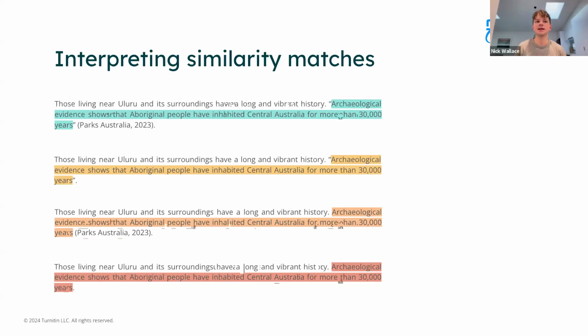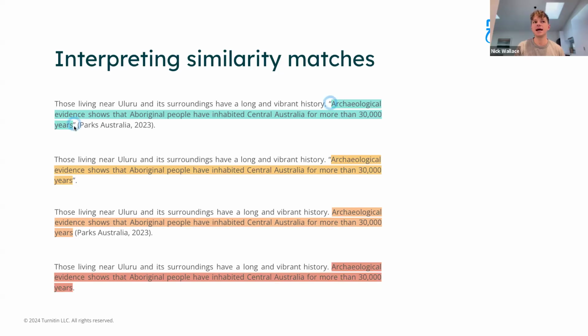Now, on this next slide here, I have 4 different examples of similarity matches. Some of them are plagiarism and some of them are not plagiarism. So let's look at this first one here. If we look at this text that's highlighted, that is Turnitin telling me that this text is matching.